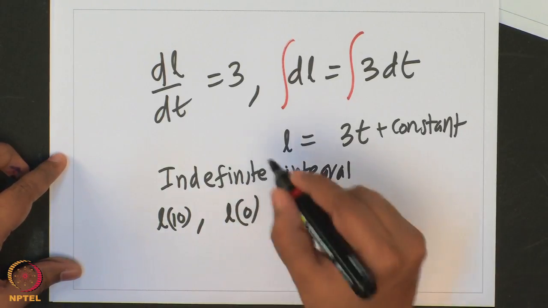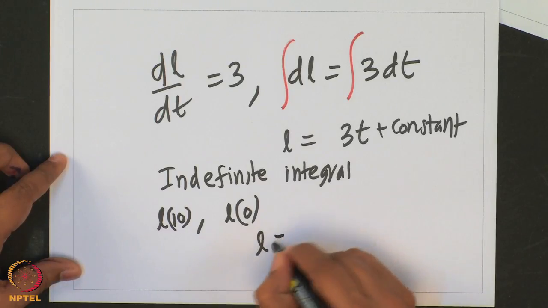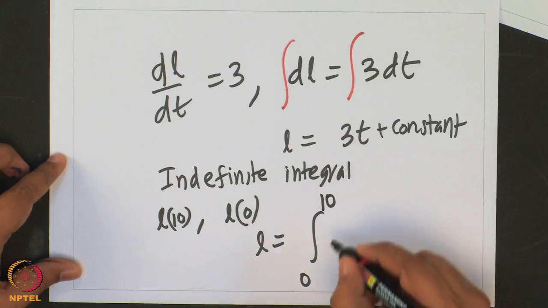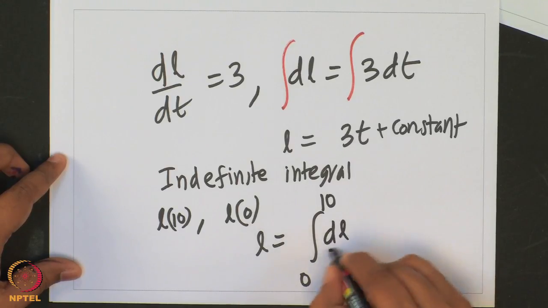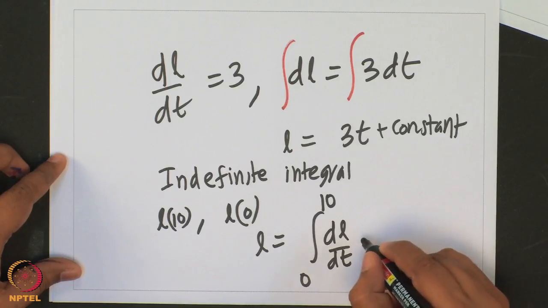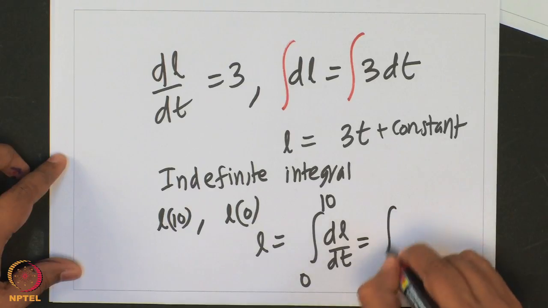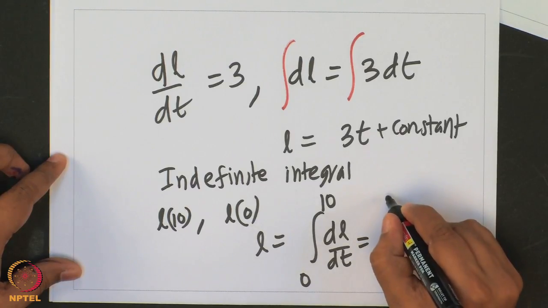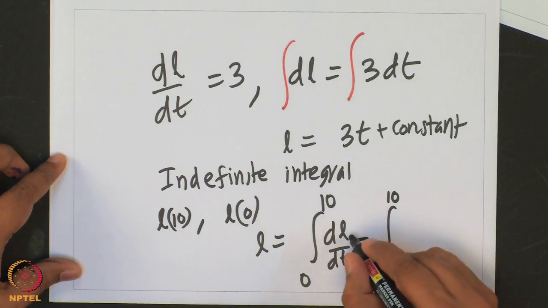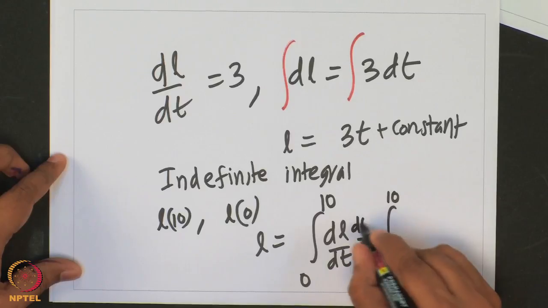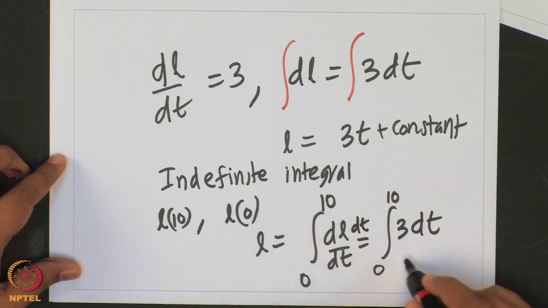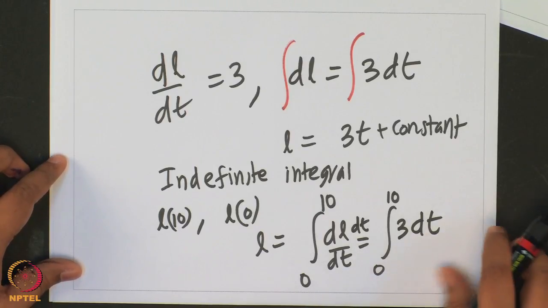To get this, the integral can be rewritten as the integral from 0 to 10 of dL by dt, which is nothing but the integral from 0 to 10 of 3 dt. So you can write dL by dt times dt. How to calculate the integral from 0 to 10 of 3 dt?